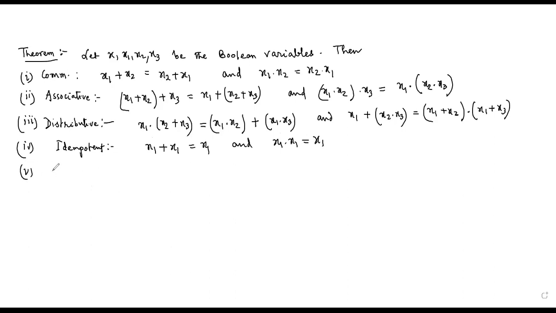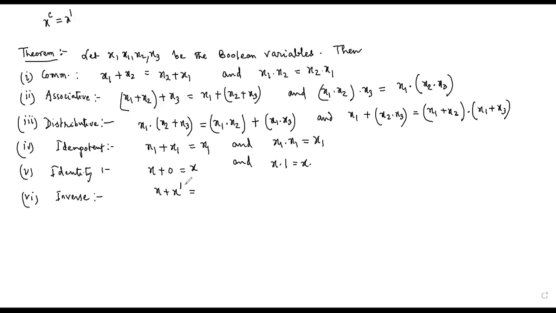Then you can introduce the identity law. The identity law is as follows: x plus 0 is equal to x, and x into 1 is equal to x. We are quite familiar with this identity law, but the inverse law is quite atypical. As I discussed in the previous case, here I denote x complement by x prime for simplicity.